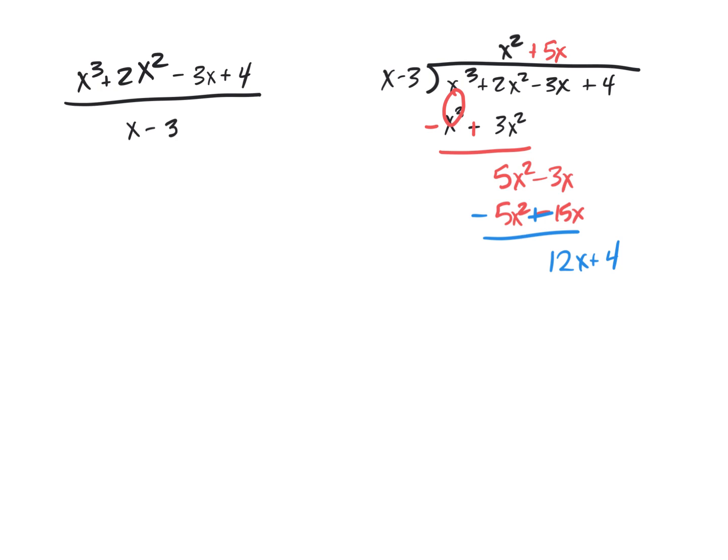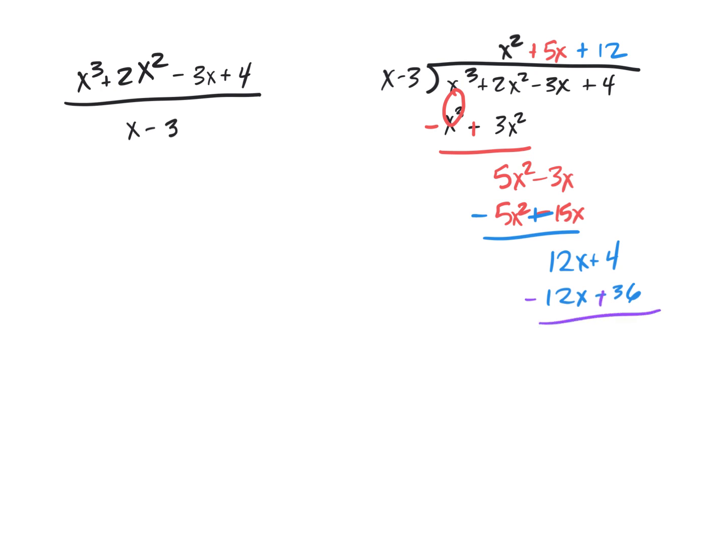How many times does x go into 12x? 12 times. Sweet. Then I multiply. 12x minus 36. And then I subtract by changing signs.